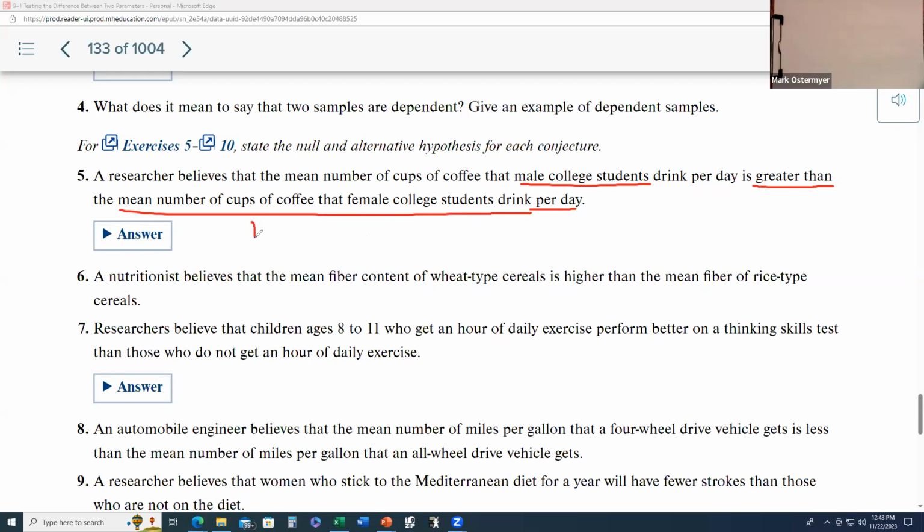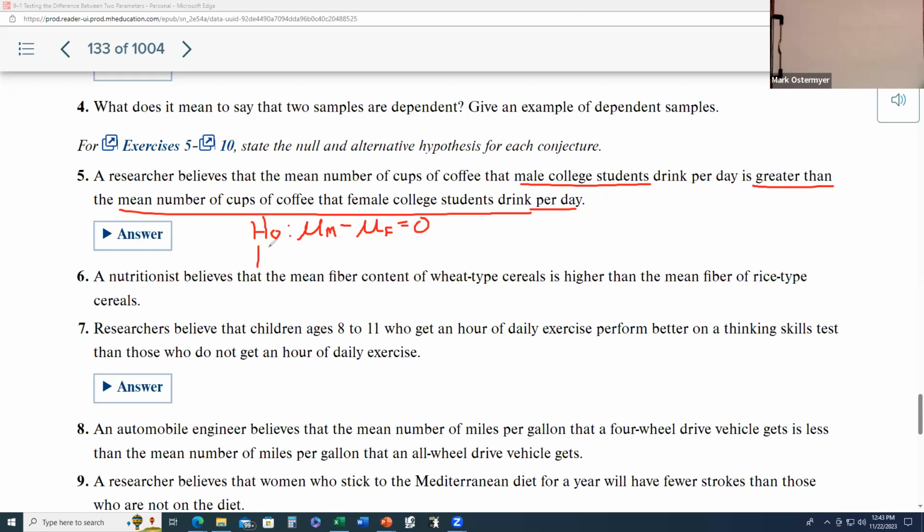And so our hypotheses could be set up this way, where mu sub m represents the mean number of cups of coffee consumed by males minus the mean number of cups of coffee consumed by females is equal to 0.